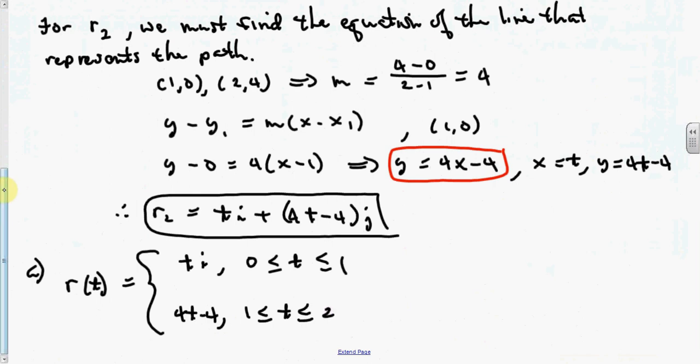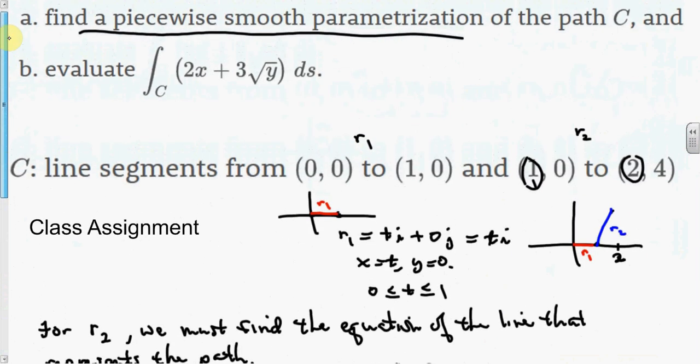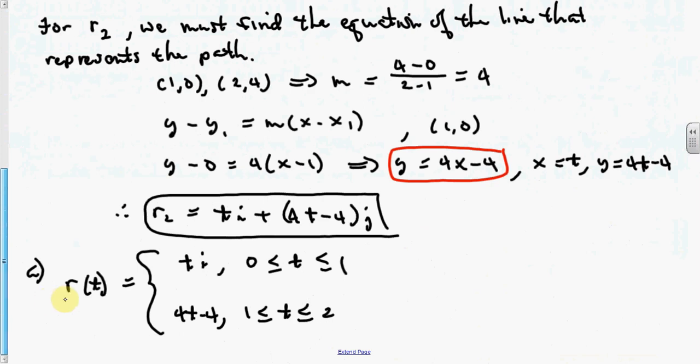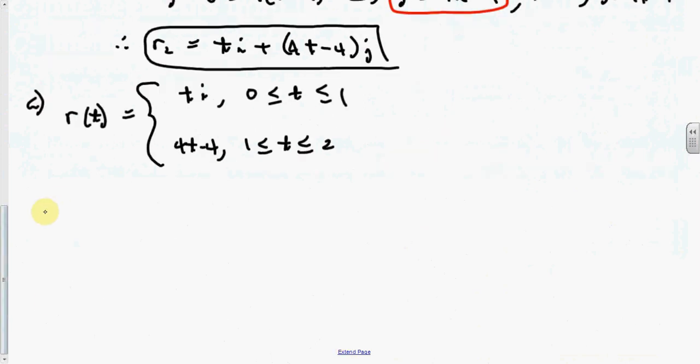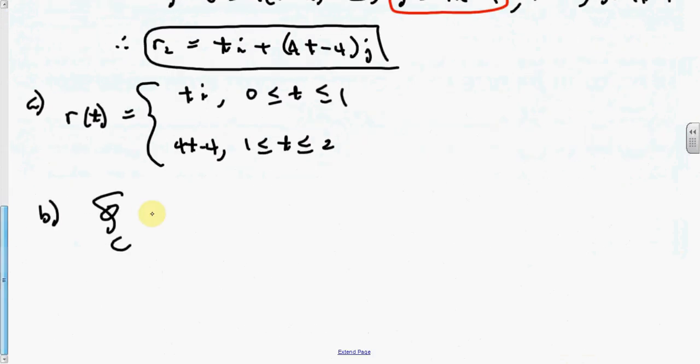So now you need to evaluate the line integral. Here, this part B is the integral of 2x plus 3 square root of y ds.